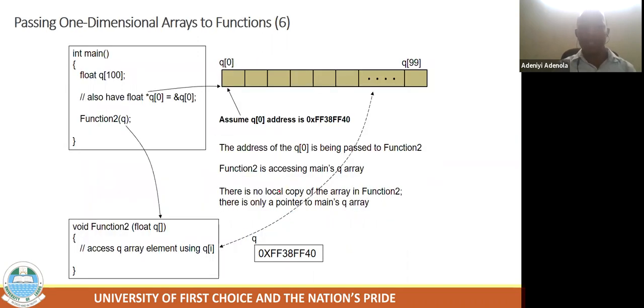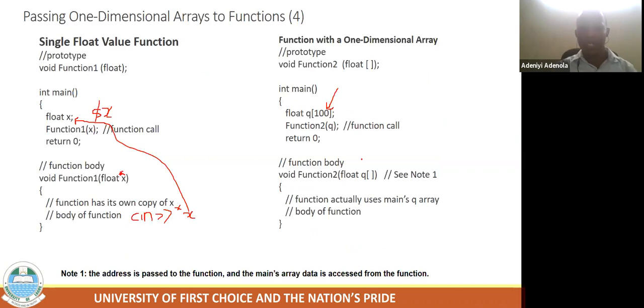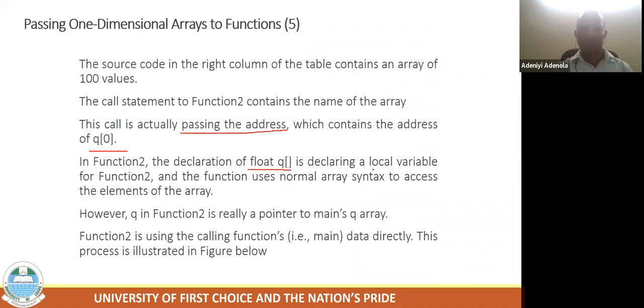To the main. So this is a pointer to what? To this. So function 2 is using the calling function's data directly.